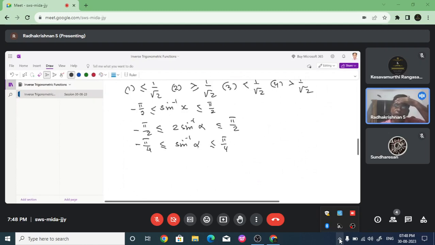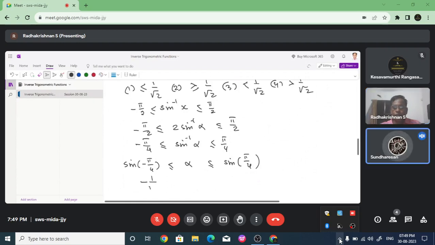Then what is the range of alpha? You simply take sine. That's all. Right? So what is sine of minus pi by 4? Minus 1 by root 2.